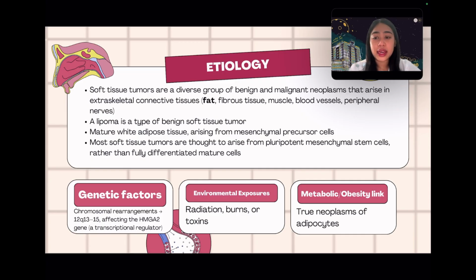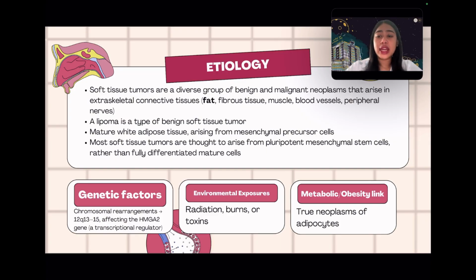It's important to know that the development of lipoma is usually sporadic, which means that there is no known predisposing or causative factor when it comes to its development. However, there are several factors that are known or theorized to contribute to its development in certain individuals.